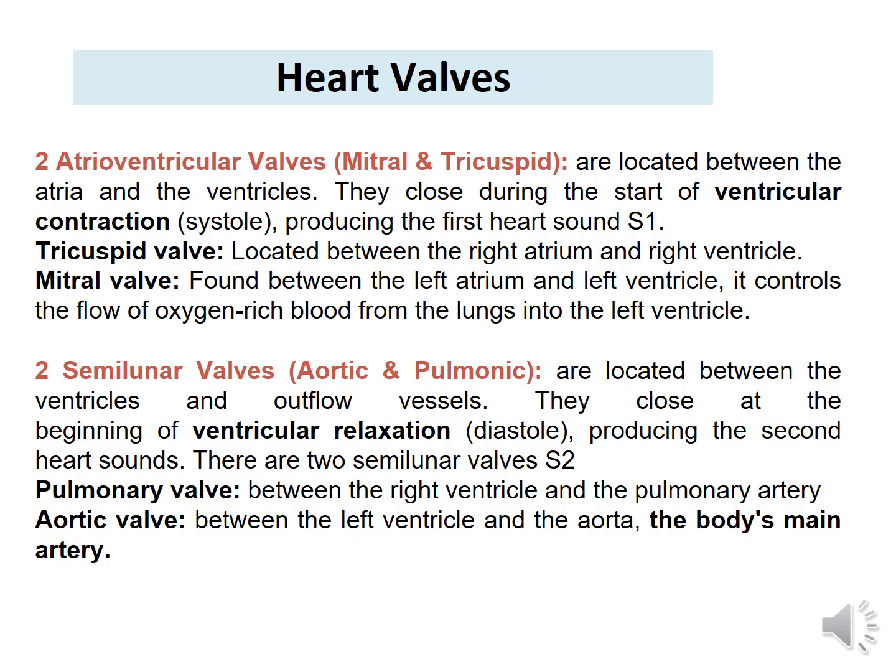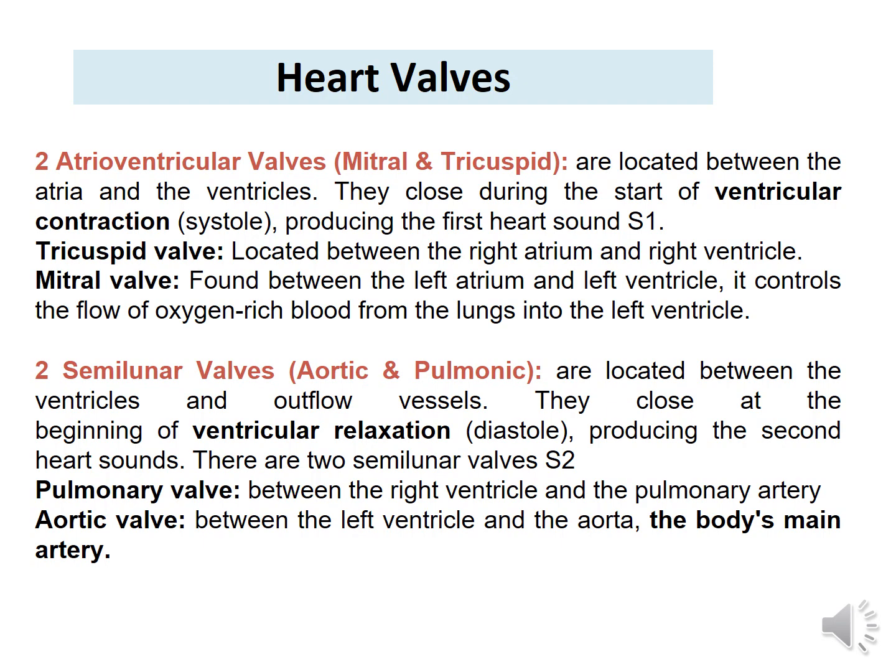Of course, each valve is present between specific areas. The tricuspid valve is located between the right atrium and right ventricle. Why is it called tricuspid? Tri means three flaps or three parts of a valve, or three gates. The mitral valve is found between the left atrium and the left ventricle.